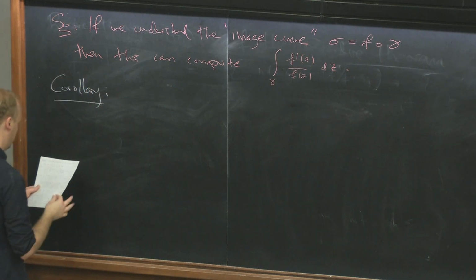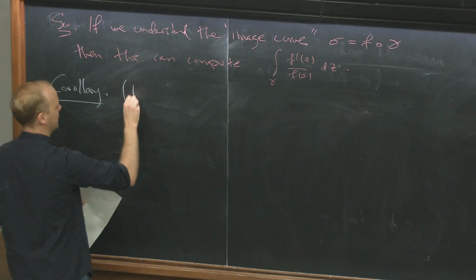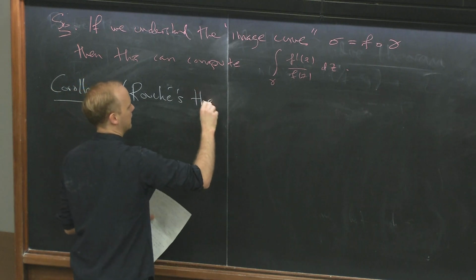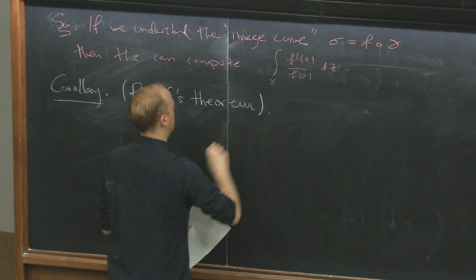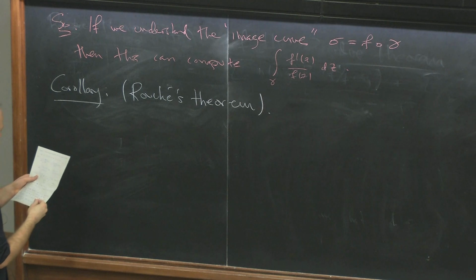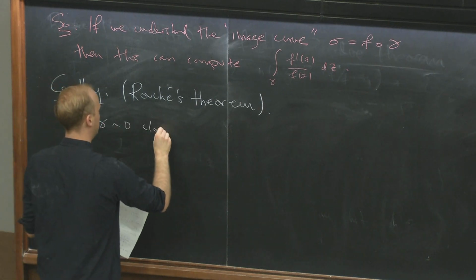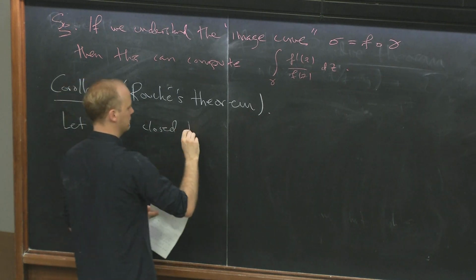And now, from all of this argument principle business, you also have this, now time to state Rouché's theorem. So what does it say? It says that gamma is a closed curve homologous to 0.